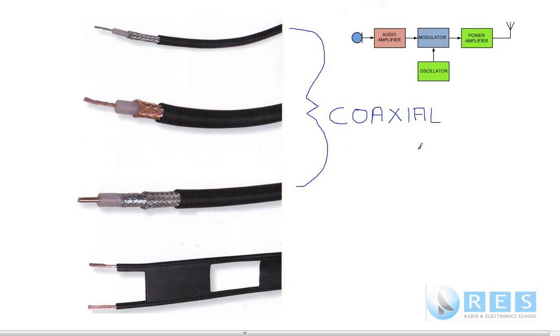The reason why it's called unbalanced line is if you look at it from the end, you'll see a round cable and a shield inside the cable. That's the shield here and there, and in the center there's a wire.